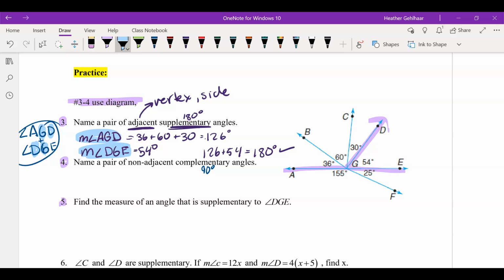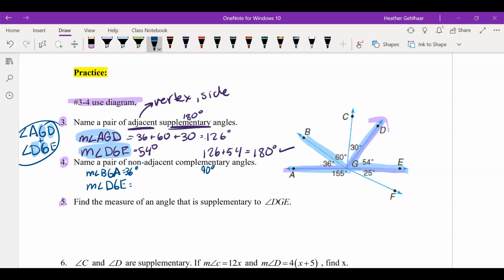Okay, so I'm hoping that we are looking here and notice that we have this angle BGA is 36 degrees. So the measure of angle BGA equals 36 degrees. And then we also have here DGE is 54 degrees. So the measure of angle DGE. Now notice they only share the vertex, and that's okay.